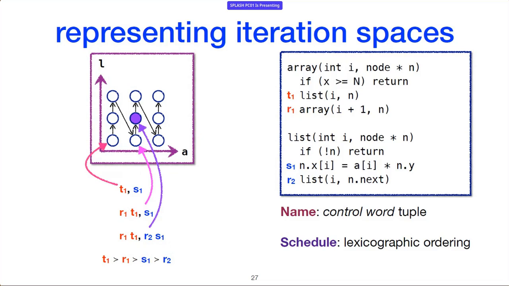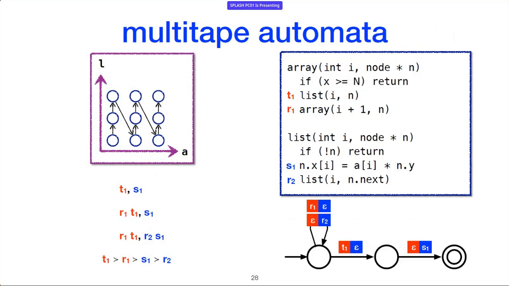We didn't actually invent this. This we borrowed from some work that Albert Cohen did back in 2006. But what PolyRec did come up with, and the key thing here, is to represent all of these spaces, to represent this information about how we name instances and how we order them, we use what's called a multitape automaton. A multitape finite automaton is a finite automaton just like you're used to seeing, except instead of one tape with symbols on it, there's two or more tapes with symbols on them.